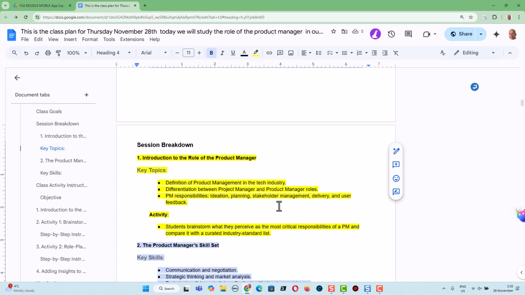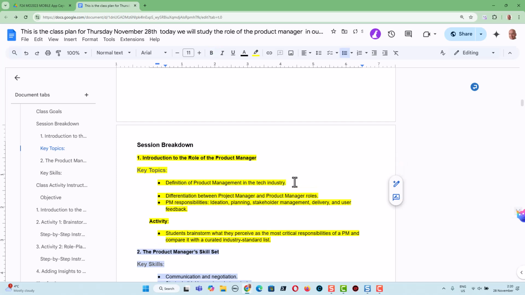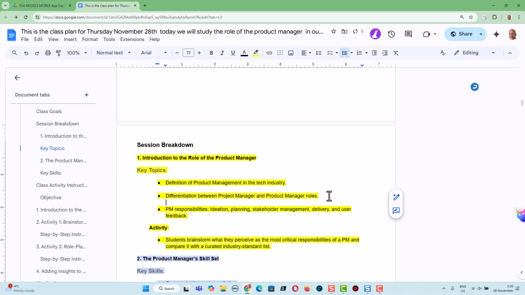We're going to understand what a product manager is in the tech industry. We're going to differentiate between project management and product management. Basically, project manager is the one who's in charge of keeping the schedule and the budget, making sure the job gets delivered on time, on cost, not running over, not running out of money, not running out of time.